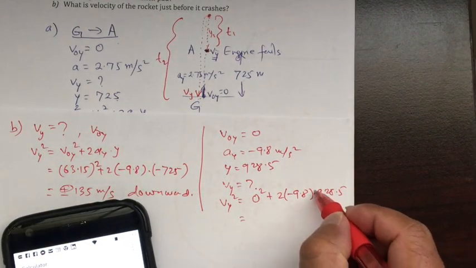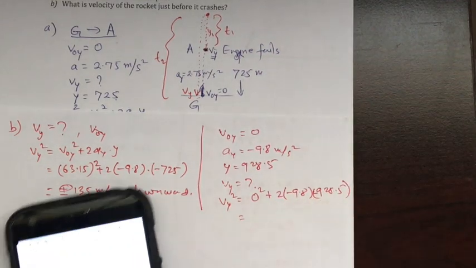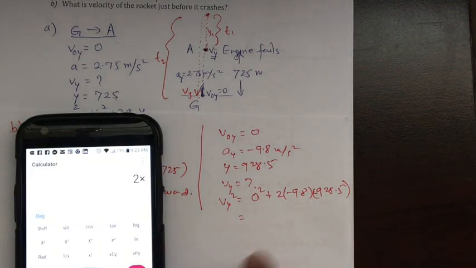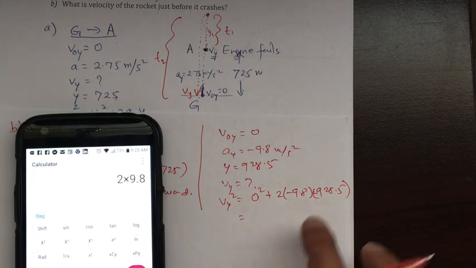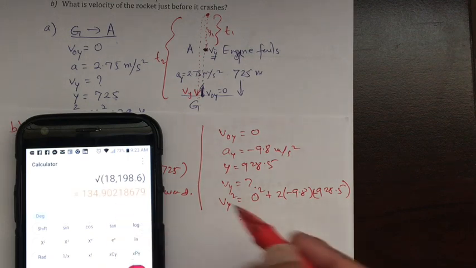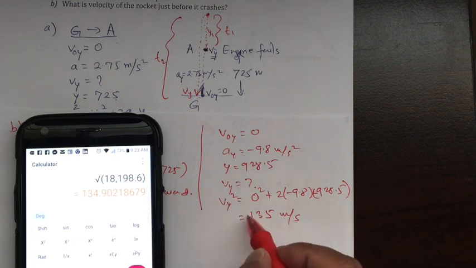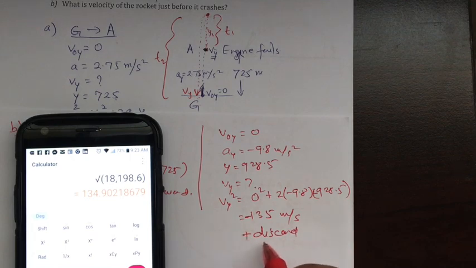This one is negative by the way because it's going down, so minus and minus will be positive: 2 times 9.8 times 928.5. Take the square root of your answer, and this will give you 135 meter per second again. Since it's squared, you have plus and minus; you take the negative and discard the positive.